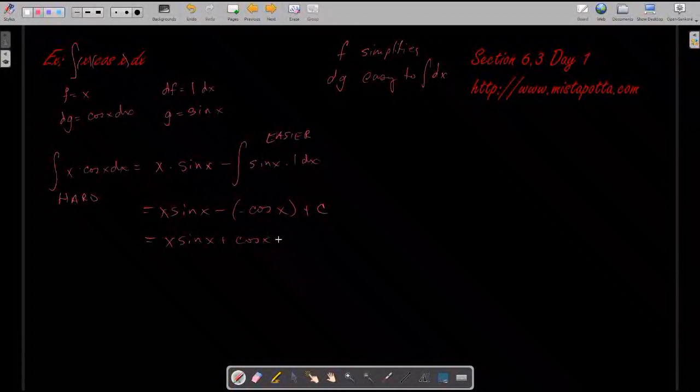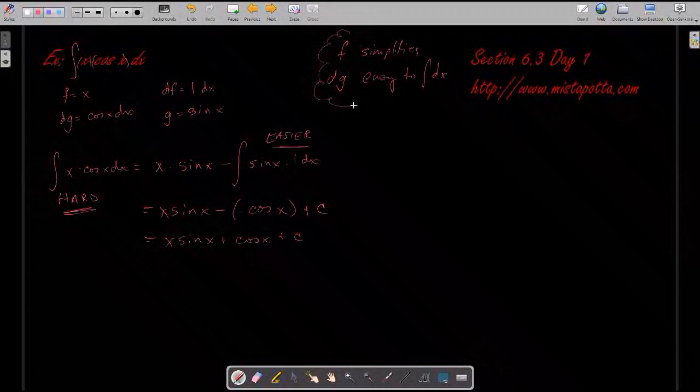So this idea of integration by parts takes a hard integral and makes it into something easier, as long as we choose our f and our dg appropriately.